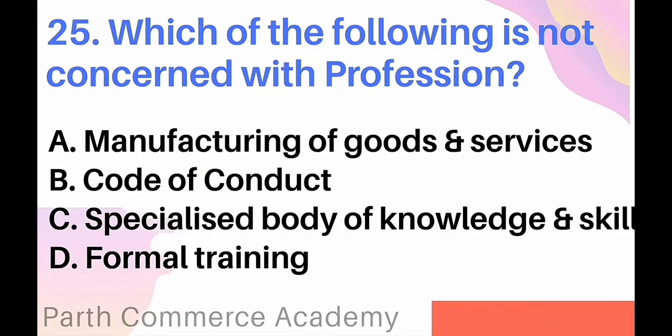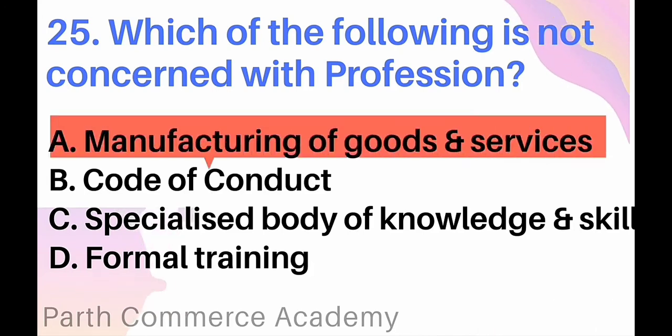Next is, which of the following is not concerned with profession? Options are like this: manufacturing goods and services, code of conduct, specialized body of knowledge and skill, and formal training. So here we know that in profession manufacturing is not there.